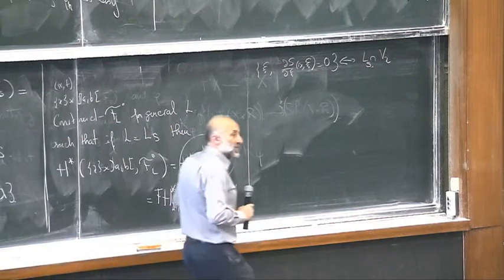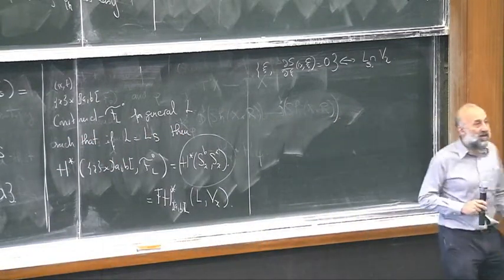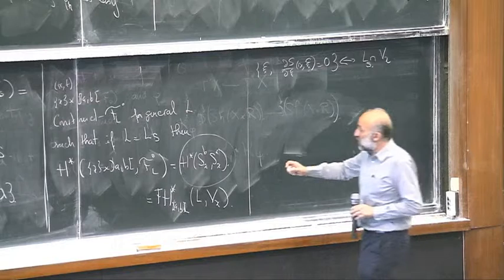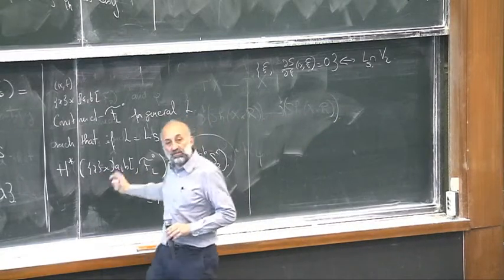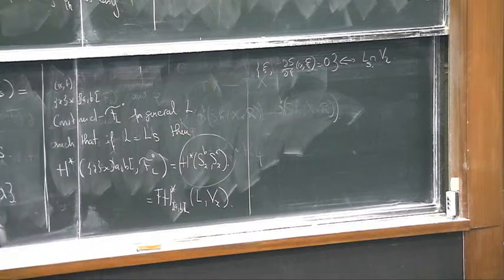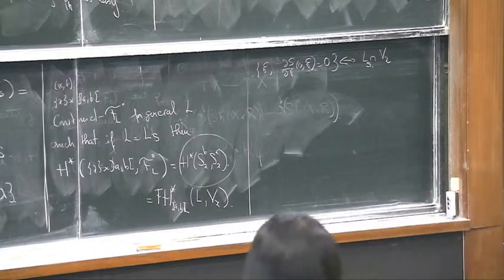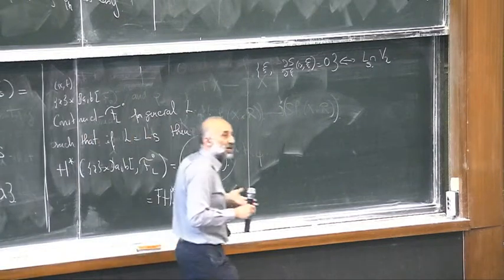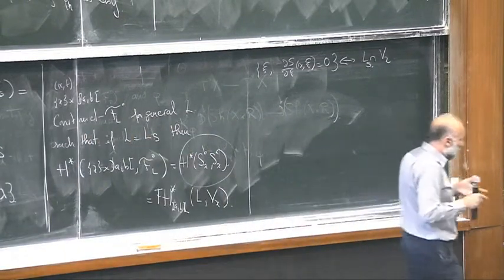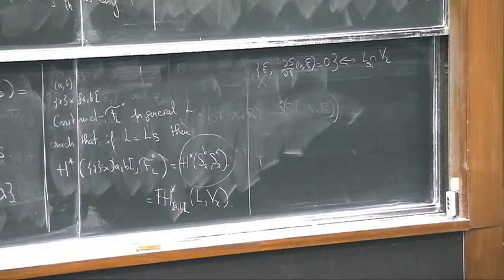So I'm still far from done in a way, because I know what the cohomology of this sort of germ near x times (A, B) should be. But I don't know what the complex is. And of course, given a cohomology, you can have lots of complexes which have the same cohomology, and there's a priori no canonical choice.